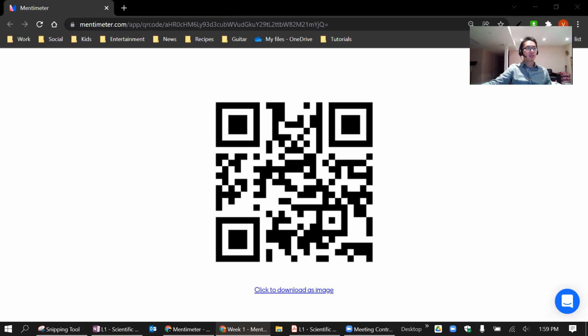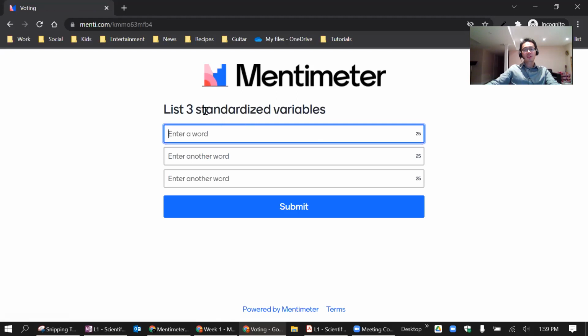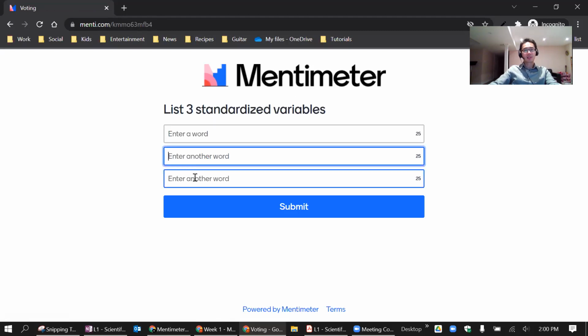If you need clarification, please let me know. Not clear? Okay, there is a link in the chat box. Just click on the link and it will take you to this page. It asks you for 3 standardized variables for the experiment we're talking about. So what you need to keep the same for those 3 groups. Type the answer here, keep it short and simple, and then press submit.